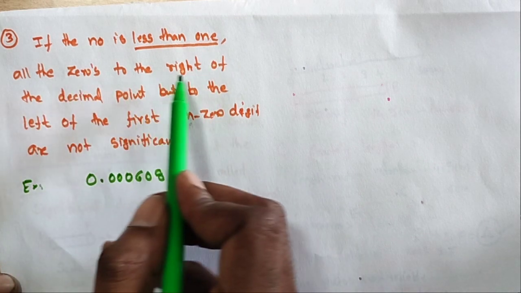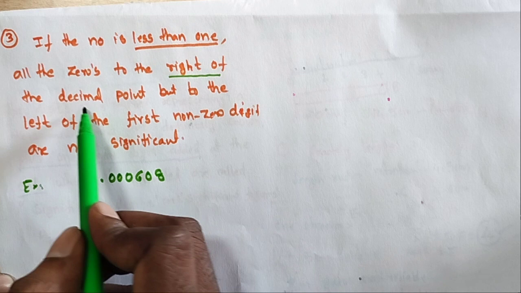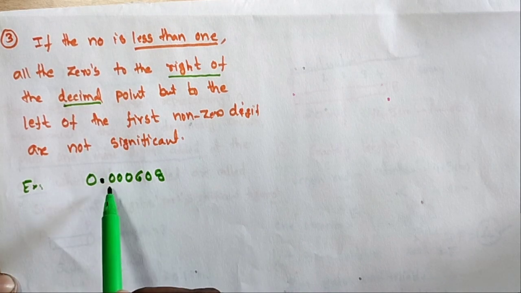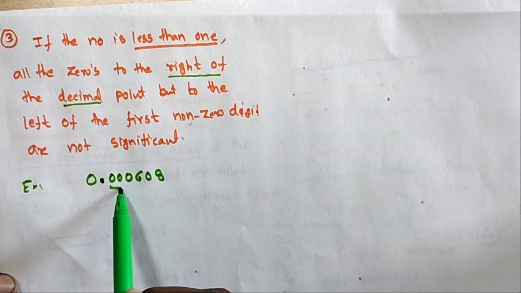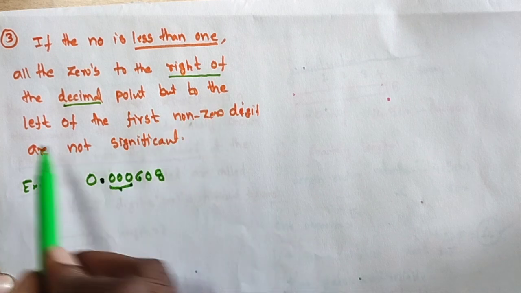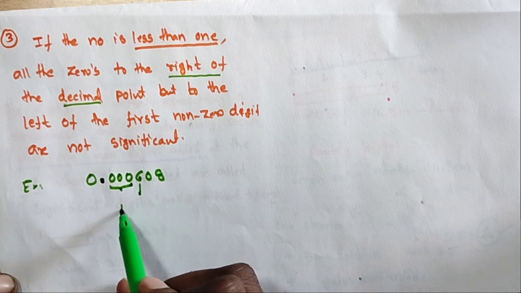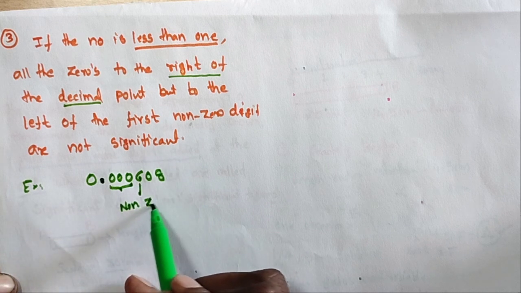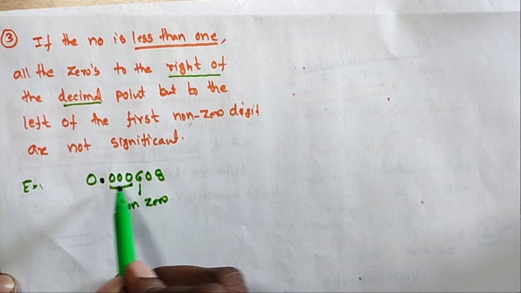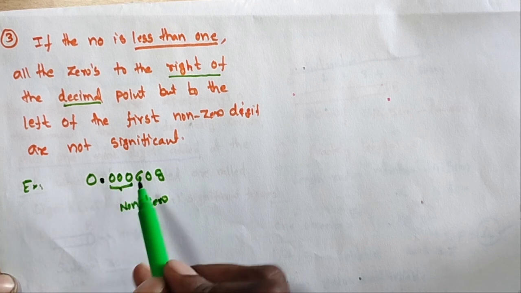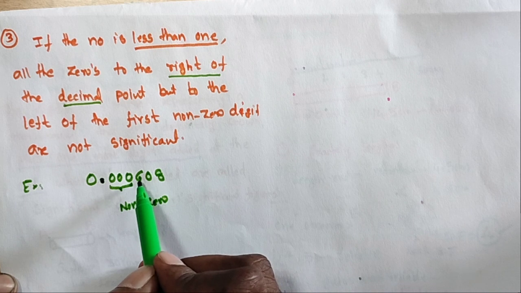All the zeros to the right of the decimal point, but to the left of the first non-zero digit, are not significant.